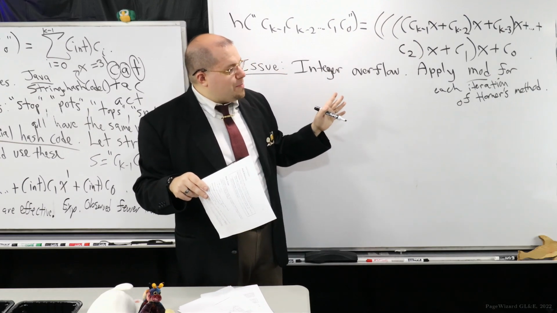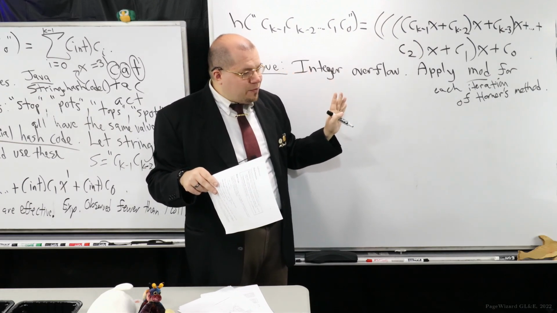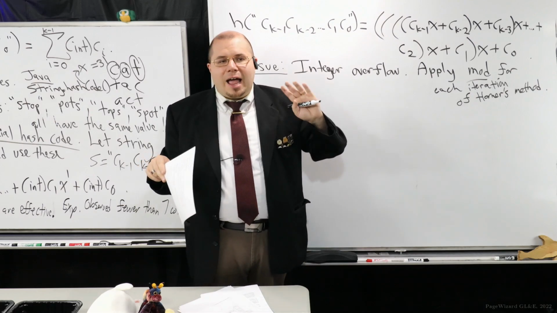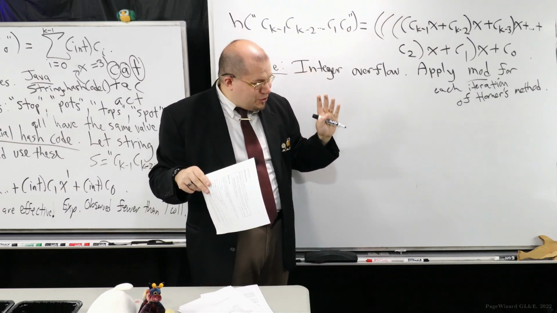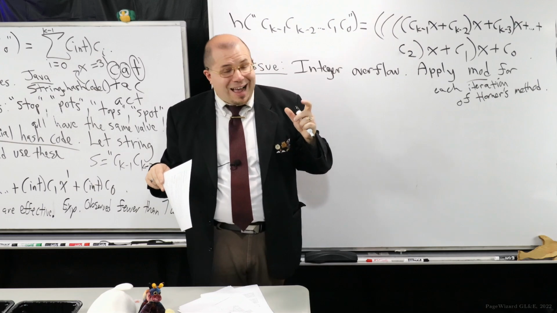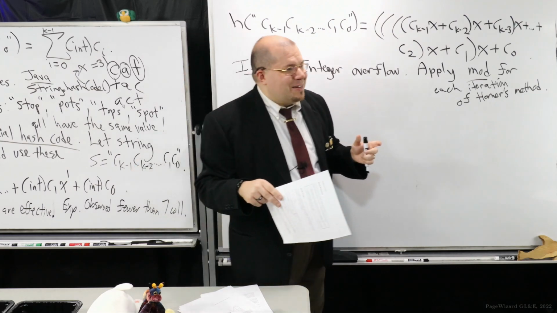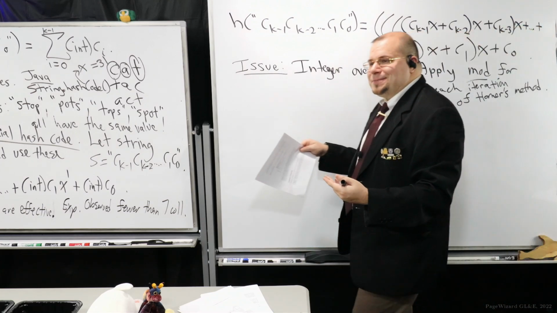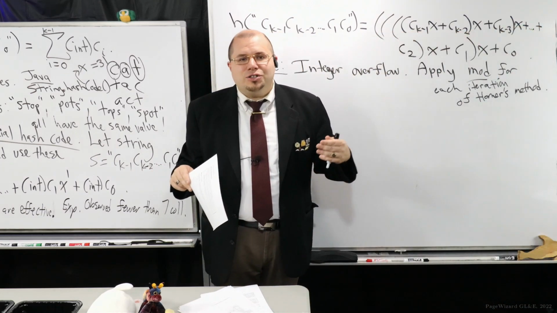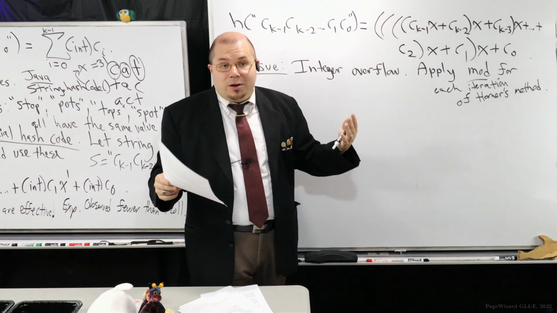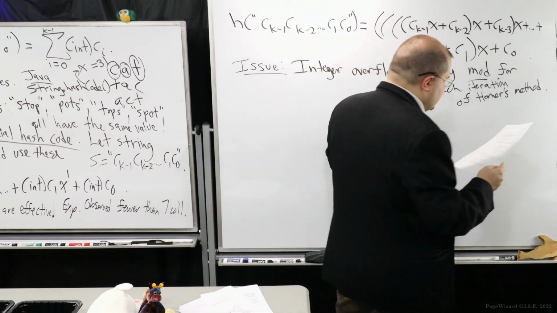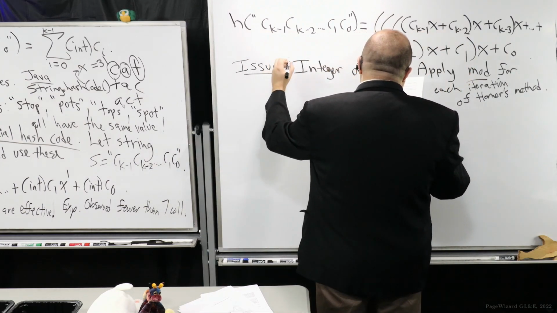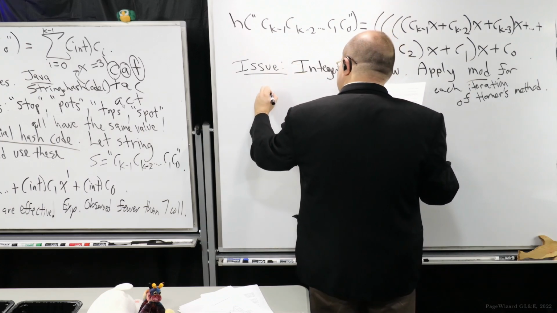Well, I'm not going to prove it here for you, but modulus has the ability to be preserved over multiplications and additions. So if you introduce it at each step, it's no different than if I did it at the end. But just for the sake of completeness, I'm going to do it all here at once. So here's the algorithm.